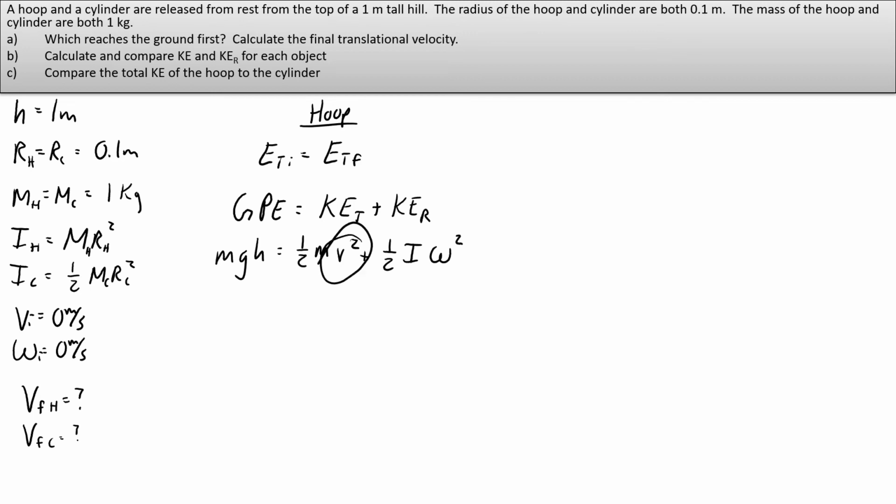Well, this isn't really helping us that much. I know I wanted to know what the final velocity is, but this is kind of messing me up. So first, let's get rid of this omega. We know that omega is equal to v over R. So we're going to switch that out.